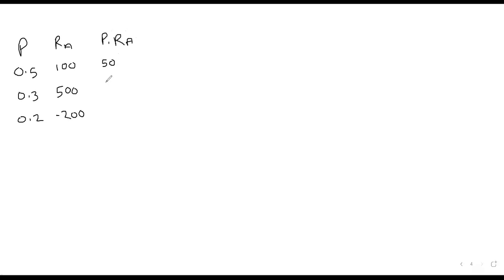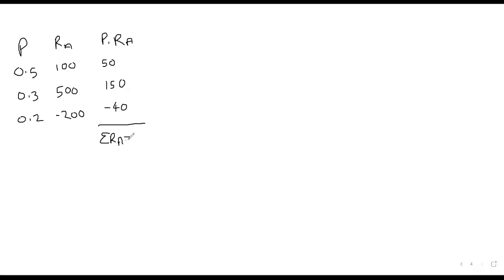Here we're going to have what? 150. Here we're going to have what? Negative 40. So let's sum up, what are we getting? Expected return on A is 160.